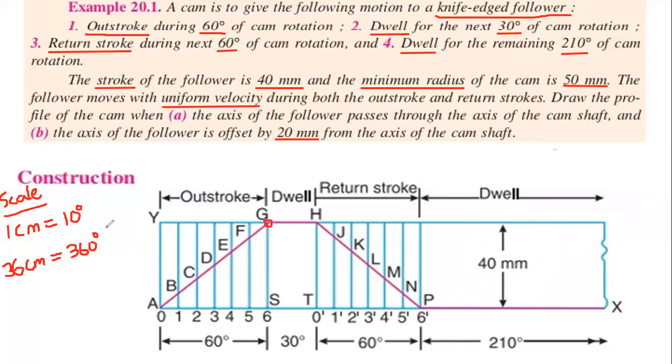So there we have to draw this. Indicate the points in the same manner as in the textbook model, so we have to indicate it as outstroke, dwell, return stroke, and dwell.